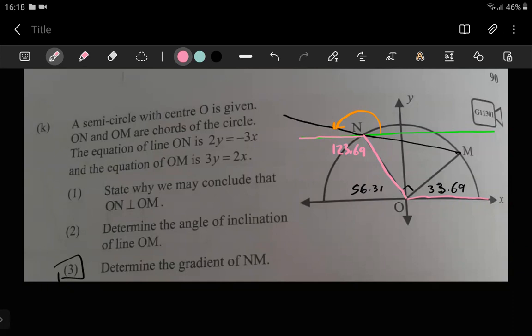Is it possible to state that since that line is parallel to that line, and say that line is perpendicular, like the line NO? Is it okay to say that?